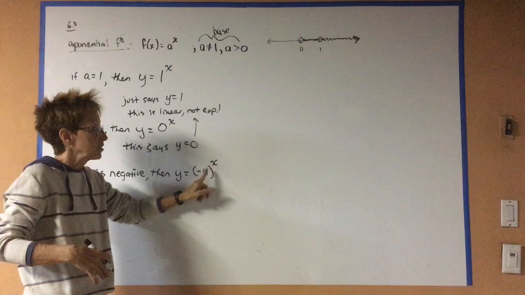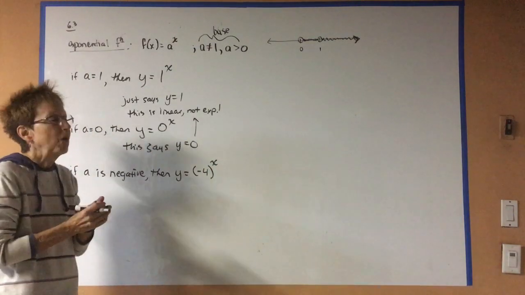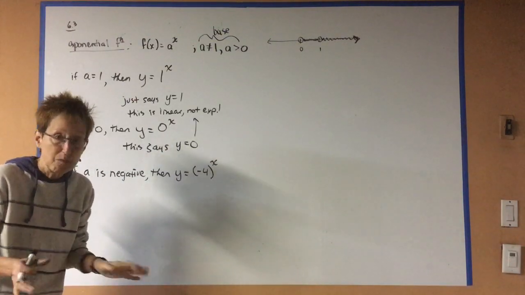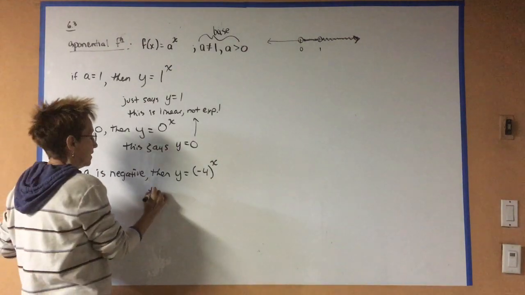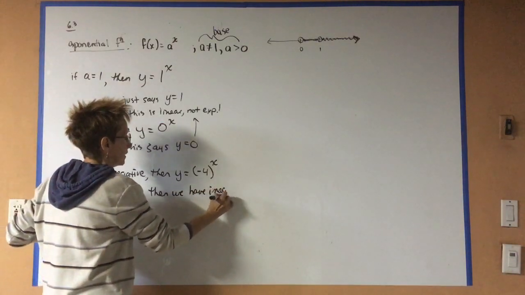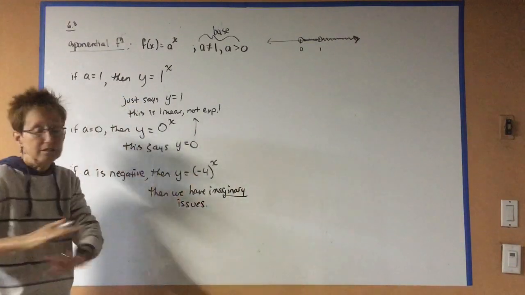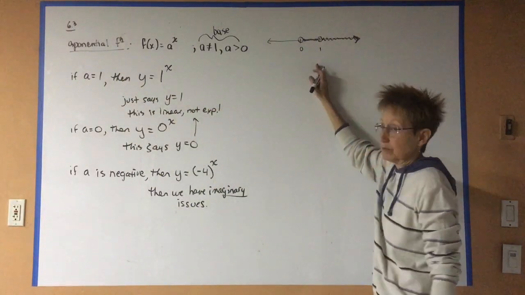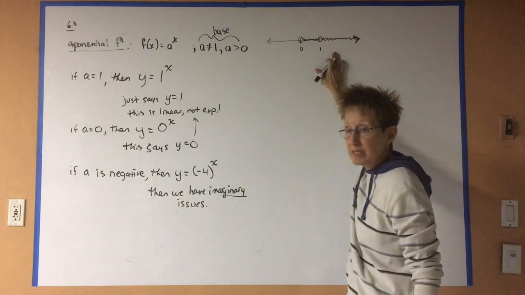Square root, right? And what's the square root of a negative? Imaginary numbers. So we're delving into all kinds of problems, and therefore our exponential function isn't really a function anymore, and it has imaginary solutions, and we have all sorts of issues. So we get rid of it. So we just let the base be greater than 0, not equal to 1. So basically we're talking about fractions between 0 and 1, and bases that are bigger than 1.